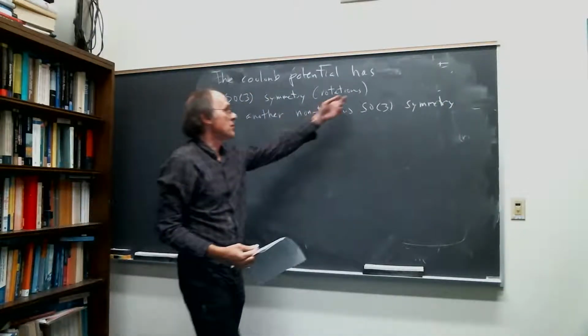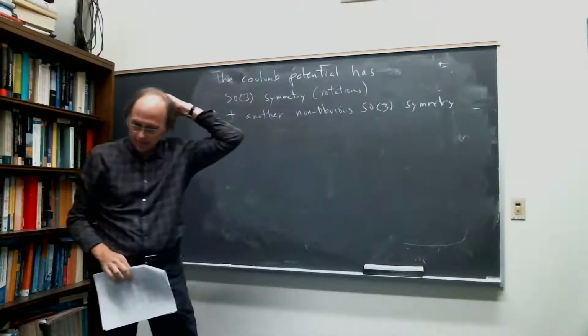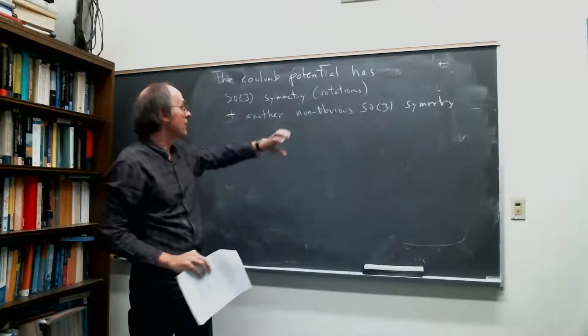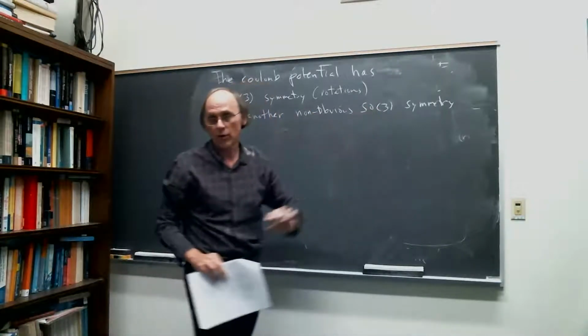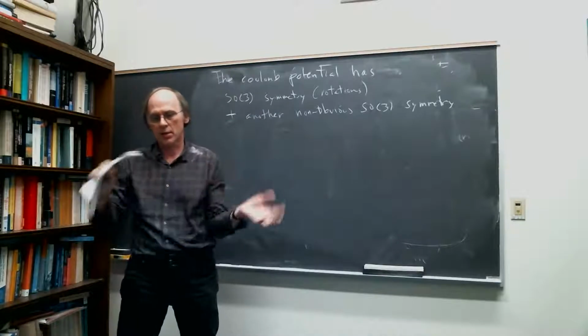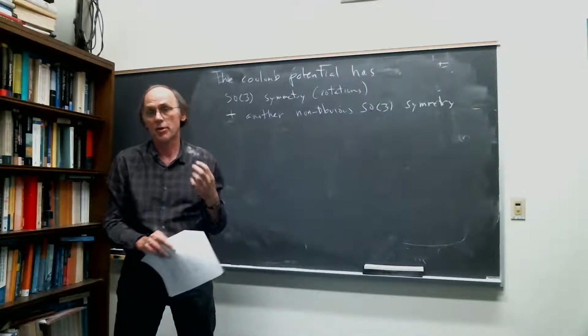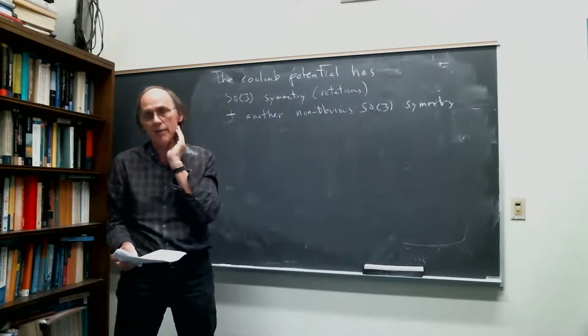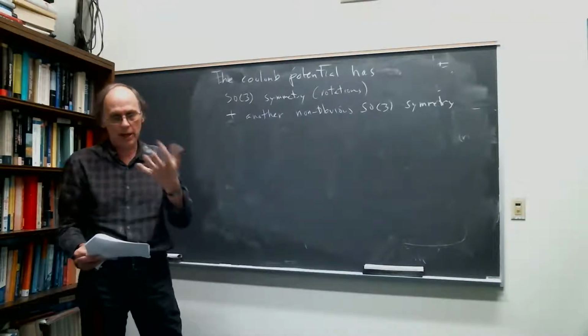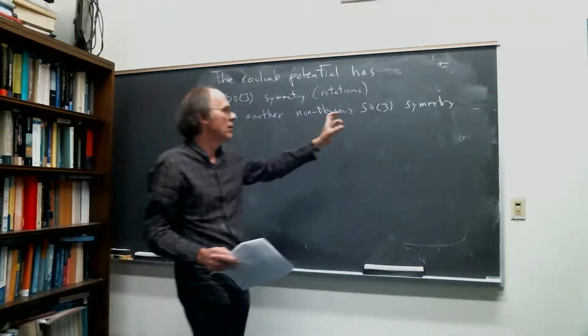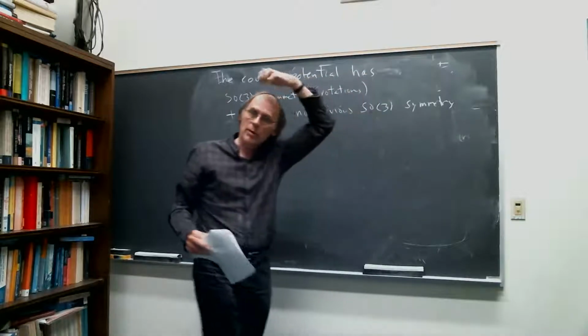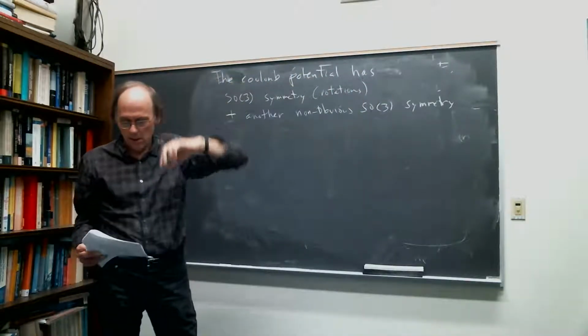So the trick is that there's another SO3 floating around, which acts on this whole thing and preserves the Hamiltonian, and it's not so obviously seen. It is related to how you solve the Kepler problem in classical mechanics.